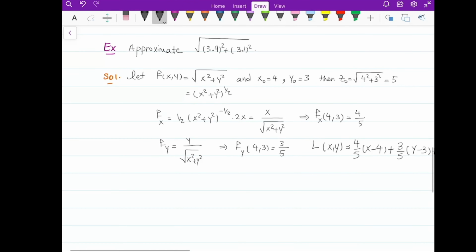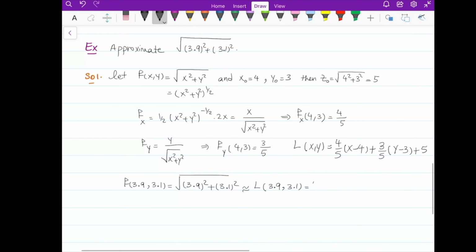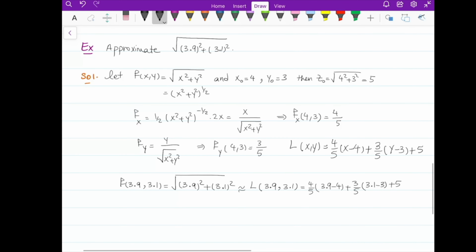And I'm going to say that f of 3.9 and 3.1, which is the square root of 3.9 squared plus 3.1 squared, is approximately the linear approximation at this point. Okay, I'm going to plug in 3.9 in here, so 4 over 5 times 3.9 minus 4, plus 3 over 5 times 3.1 minus 3, and then plus 5.